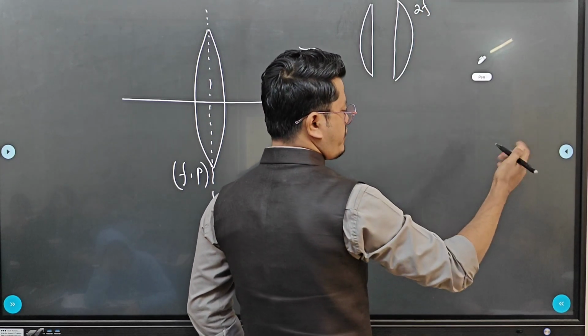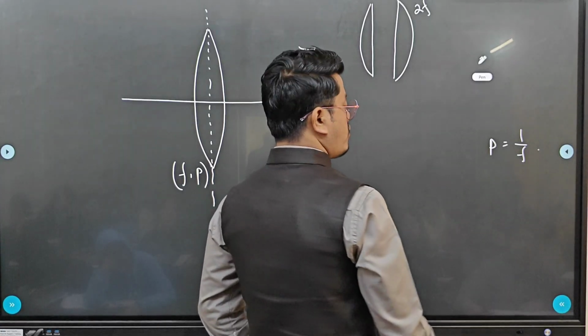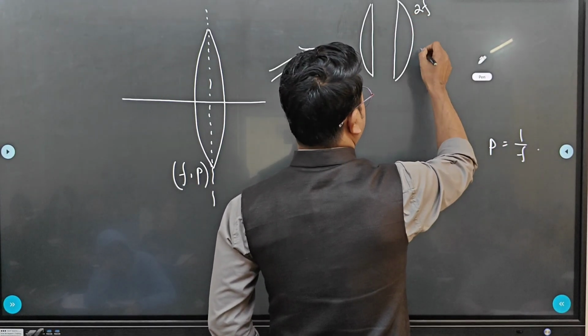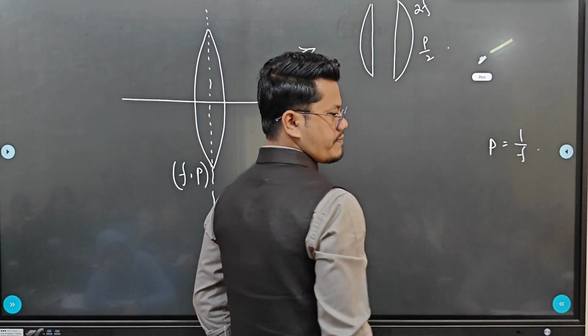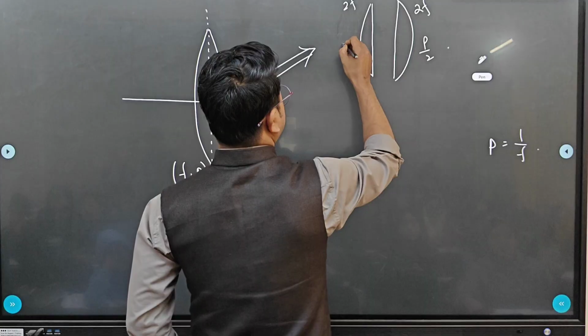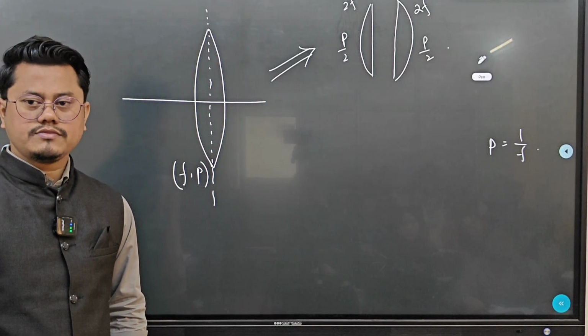And power, since we know very well, power is the reciprocal of the focal length, right? If focal length increases by 2 times, then the power decreases by 2 times. For this lens also the focal length will be twice of f and the power will be p by 2. I hope you understand. Got it?